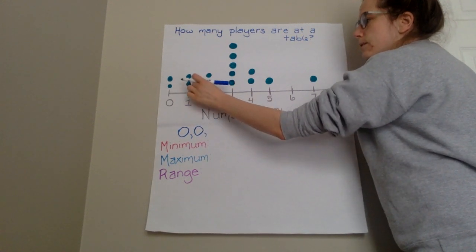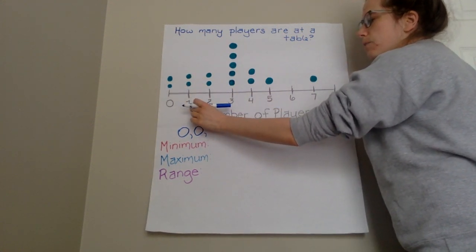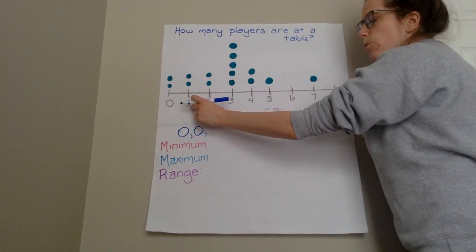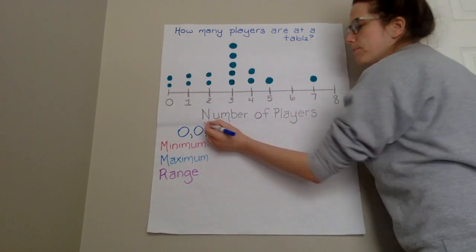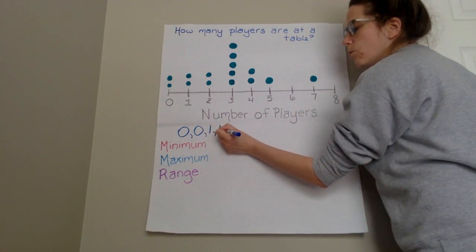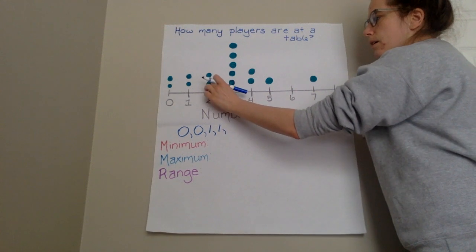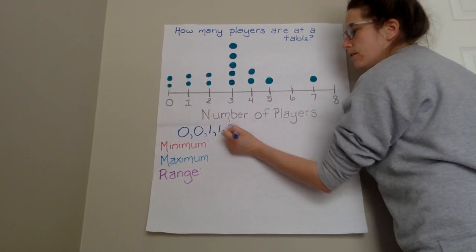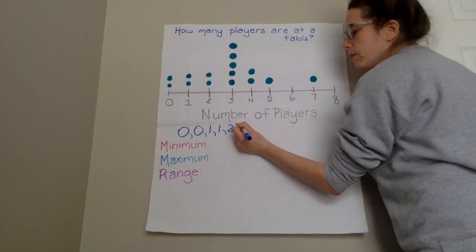There are 2 dots above the number 1, meaning there are 2 tables with 1 person sitting at them. 1, 1. I have a dot above the 2 and another dot above the 2.